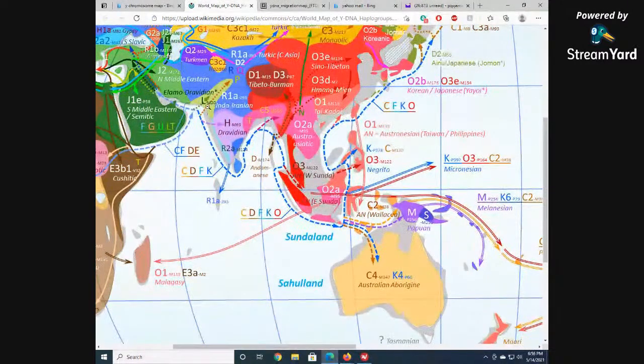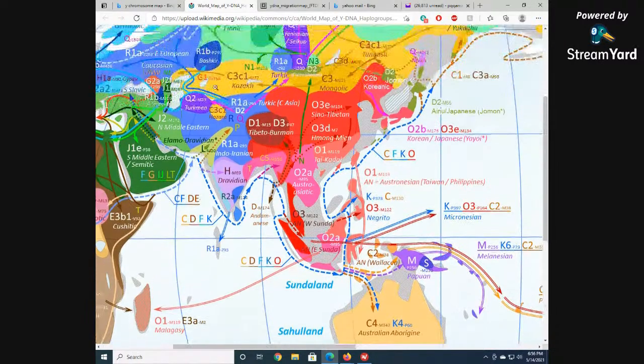It was because of this population here and this population here, which had African features.